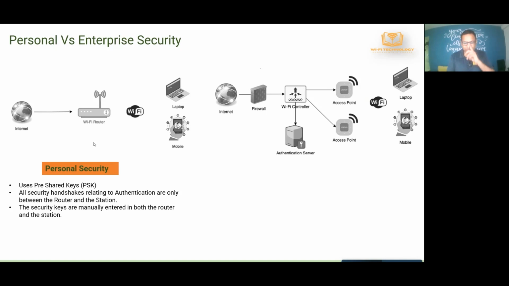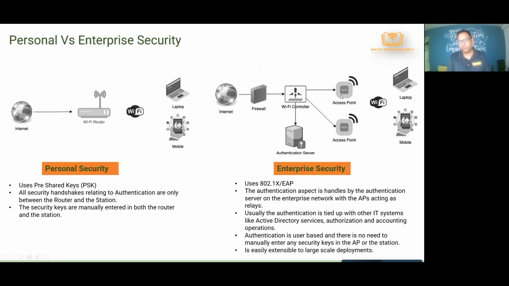And as I mentioned before, if you're doing enterprise security, then you have other elements also. You have multiple access points, you have a wireless LAN controller, you have an authentication server, typically a RADIUS server, and then there is a whole authentication process that happens between the device, the supplicant, and the authentication server. And the access point is acting merely as a relay.